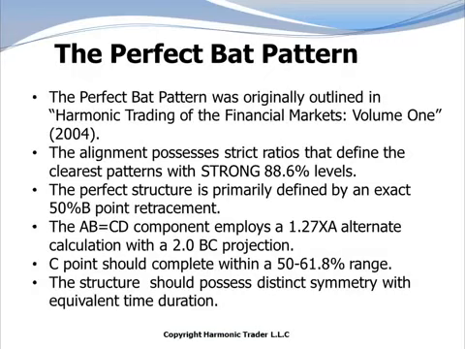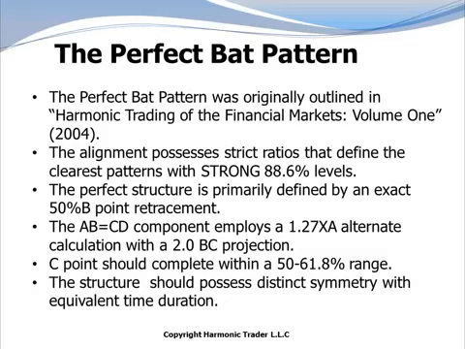The perfect bat pattern. The perfect bat pattern was originally outlined in my book, The Harmonic Trading of the Financial Markets, Volume 1, released in 2004. It's an alignment that I devised which possesses strict ratios that define the clearest patterns with strong 886 levels.